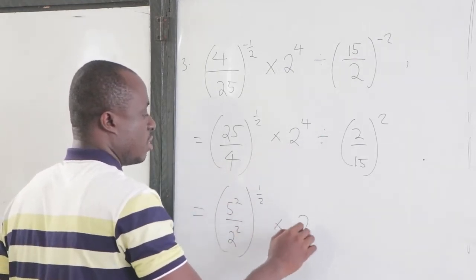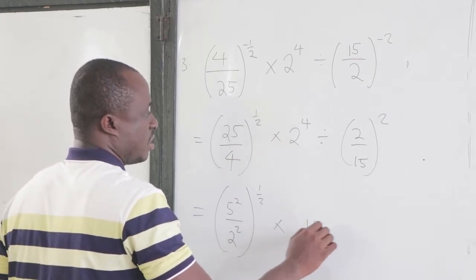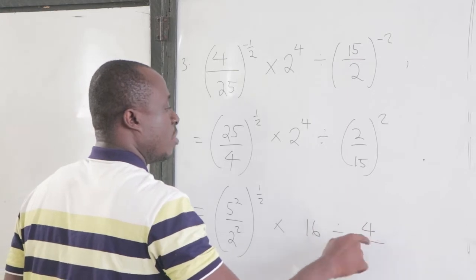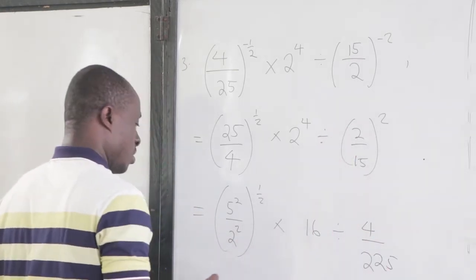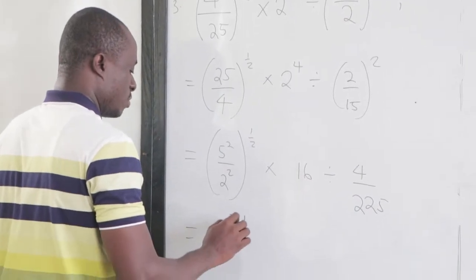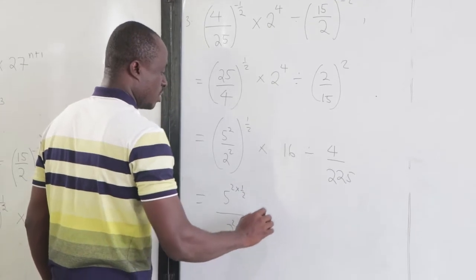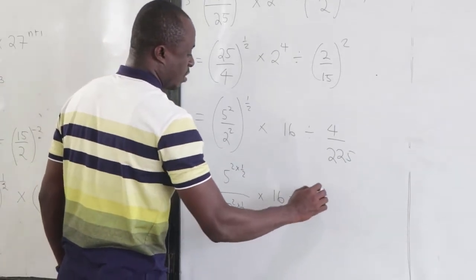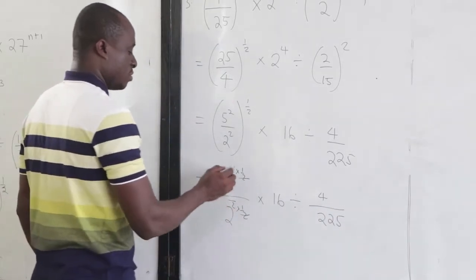Now this can be 2 to the power 4, which is the same as 16 divided by 4 all over 15 squared, which is 225. Now this is 5 to the power 2 times 1 over 2, over 2 to the power 2 times 1 over 2, times 16 divided by 4 all over 225. This cancels that, this cancels that.